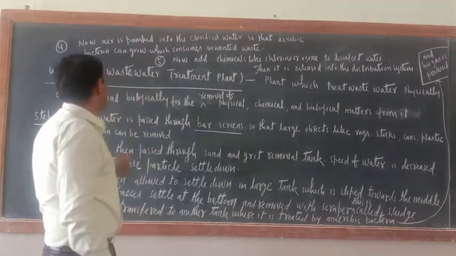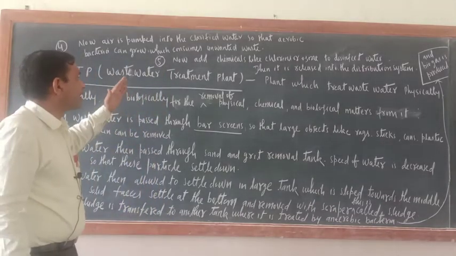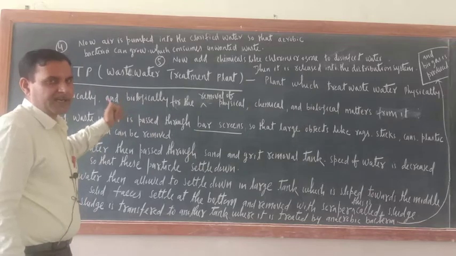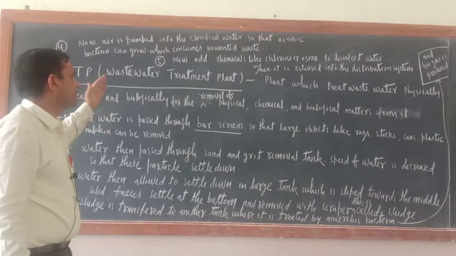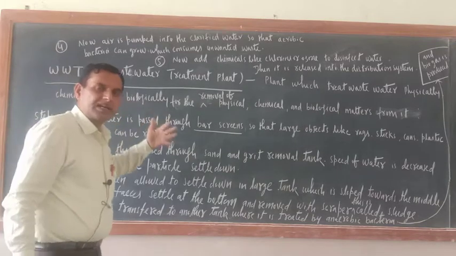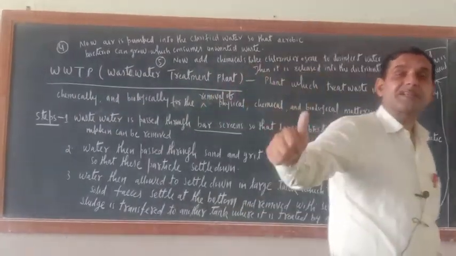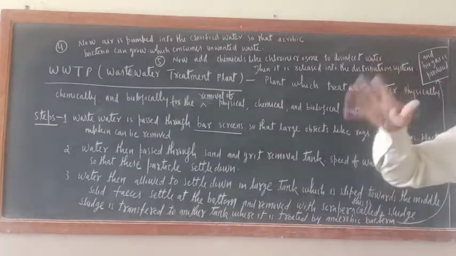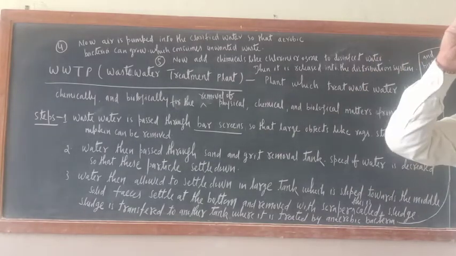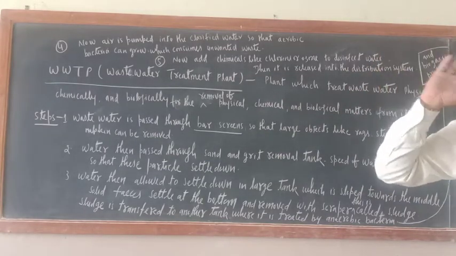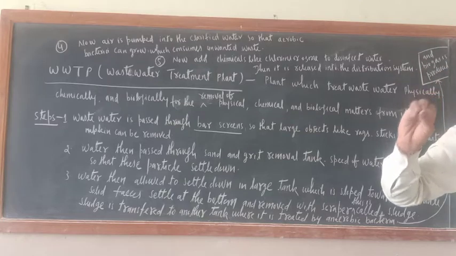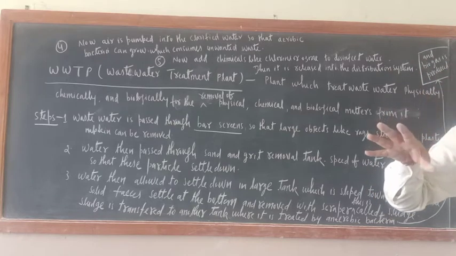Now air is pumped into the clarified water, so that aerobic bacteria can grow. These aerobic bacteria will consume the unwanted pollutants which are still present there. So now water is almost free from impurities. Only one type of pollutant is present: germs and bacteria.